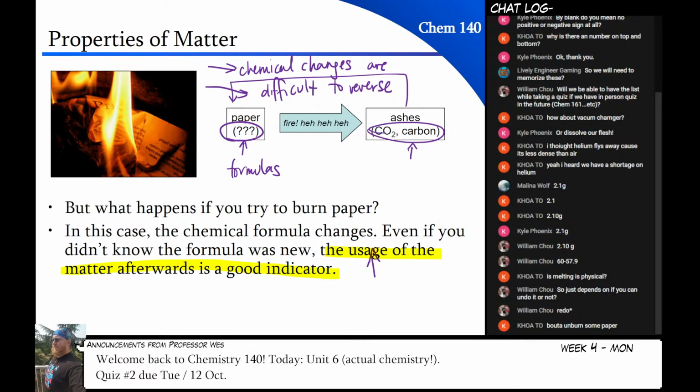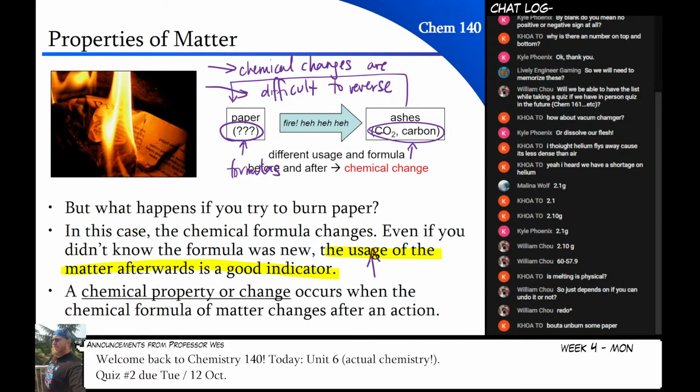Ice and water aren't necessarily used for the same purposes, but they are used for similar purposes. You consume both of them. In paper's case, if you try to write on paper or fold paper or do something with paper, turns out you can't really do any of those things with ashes. And so they're different enough that you can say, okay, chemistry must have occurred here.